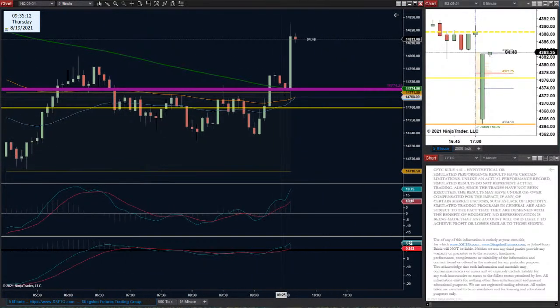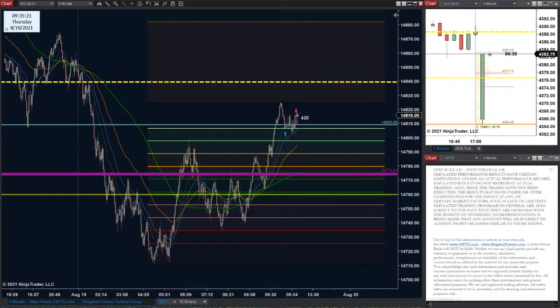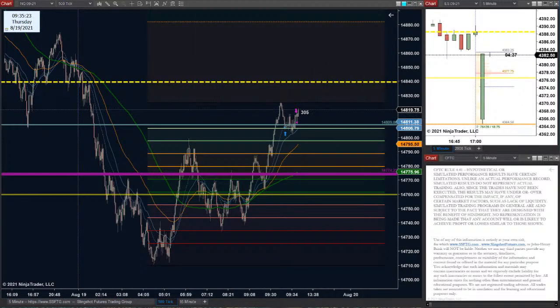Yikes. All right, well. POC so far is at 1809. I got an absolutely terrible fill on that one. As soon as I hit ask, it tanked like 10 ticks. Ugh.